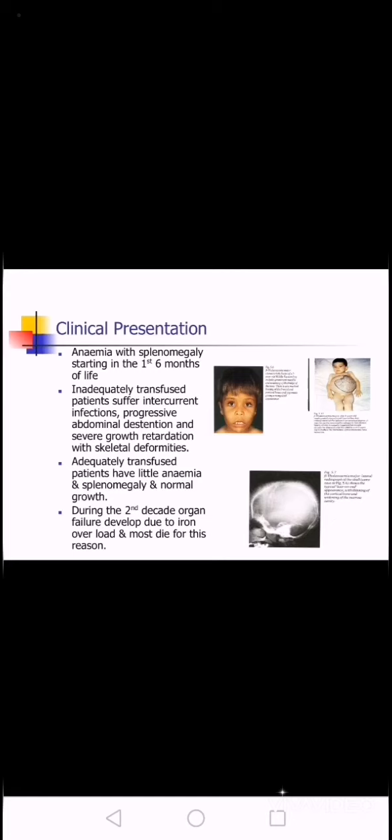An adequately transfused patient has little anemia, splenomegaly, and normal growth. During the second decade, organ failure develops due to iron overload, and most die for this reason.